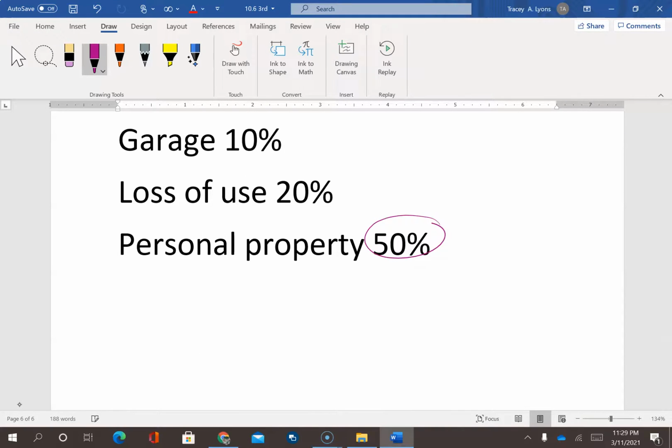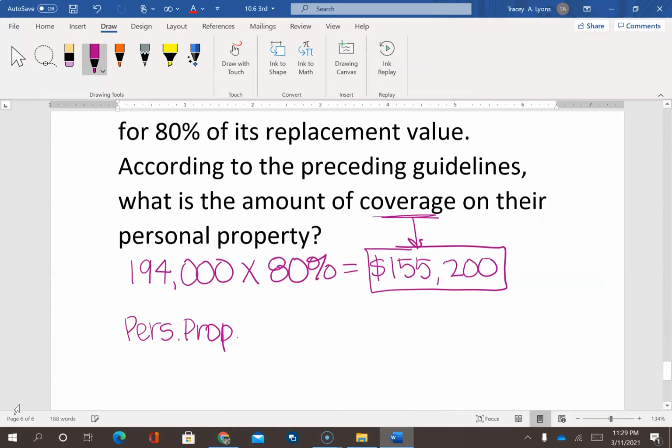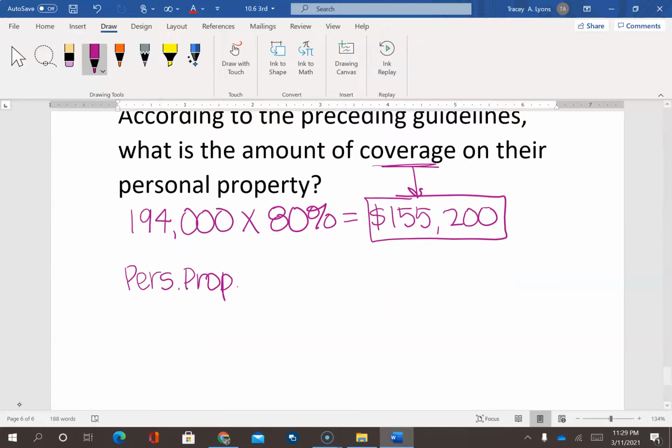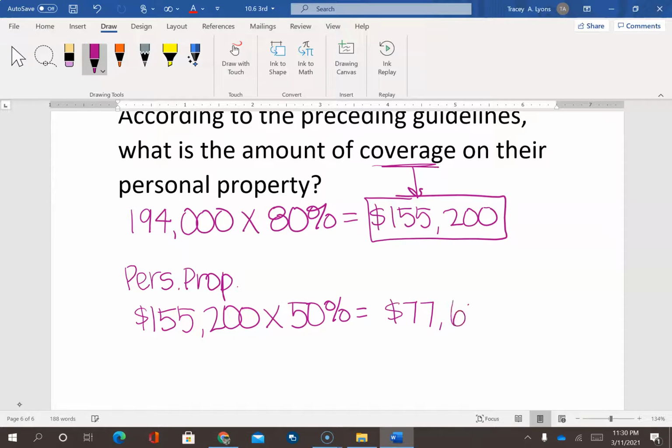Personal property is 50%. So we're going to take this amount that we just calculated and multiply it times 50%. The coverage on the personal property would be $77,600.